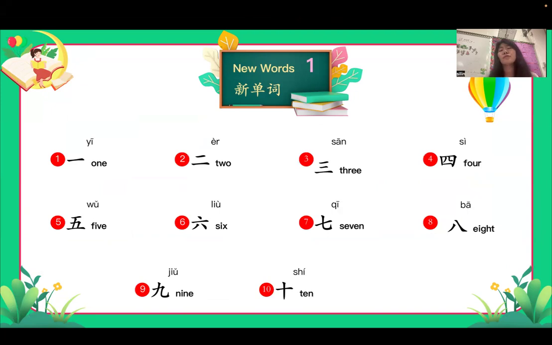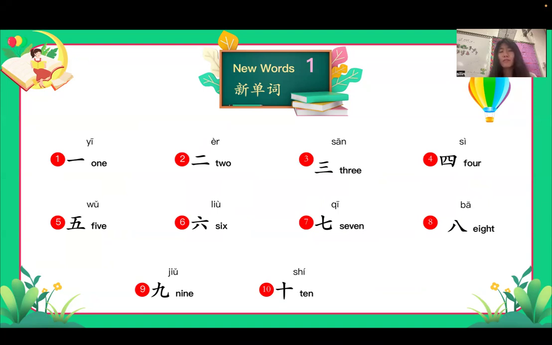In future lessons, we will learn how to say the days, Monday to Sunday. We are going to use this one, and also the date, today's date, tomorrow's date, and a lot of things.